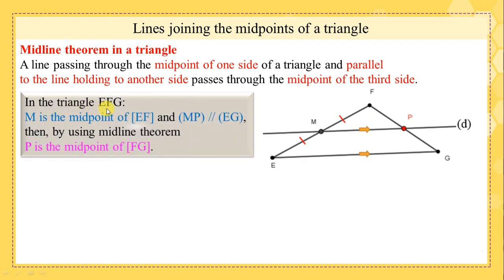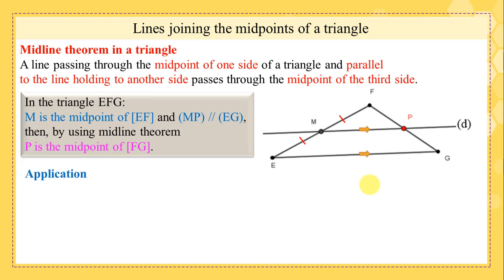Here we have in triangle EFG, M is the midpoint of EF, MP is parallel to EG, so by midline theorem, P is the midpoint of FG. Then in any triangle, using midline theorem, we need one midpoint and a line passing through it and parallel to the second side, we get the midpoint of the third side.